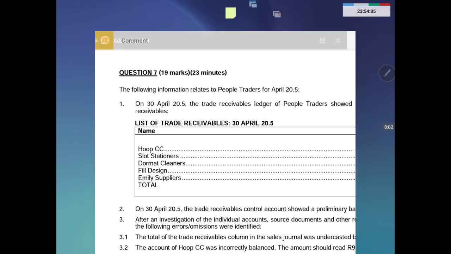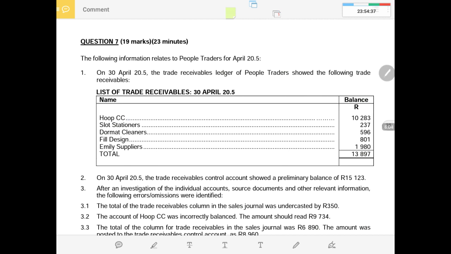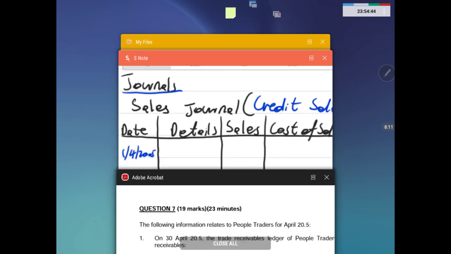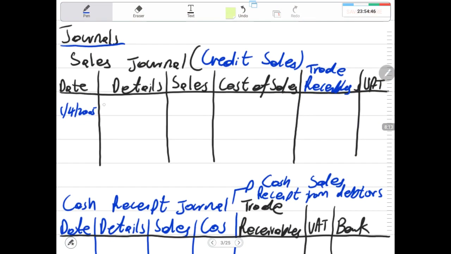Who is the customer that we have? The name of the customer is Hoop Close Corporation. Then we say we sold inventory to this customer. Therefore, we specify the name of the customer whom the inventory was sold to.